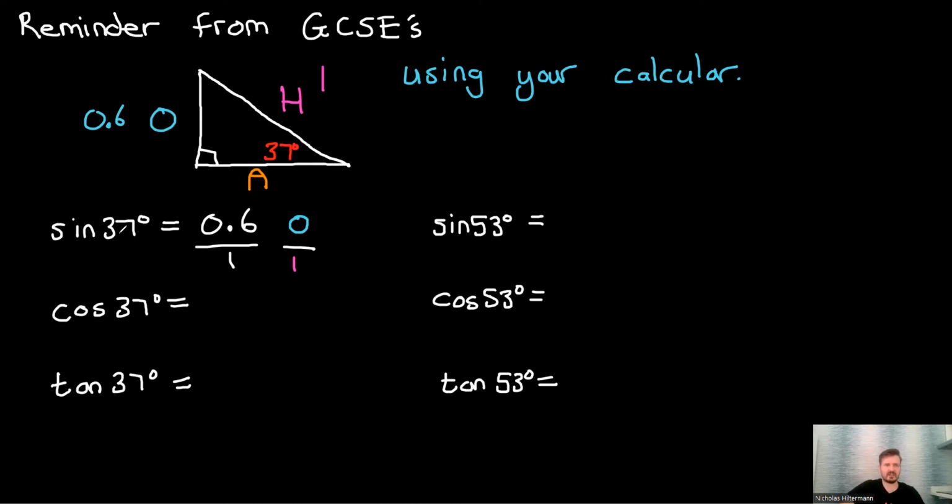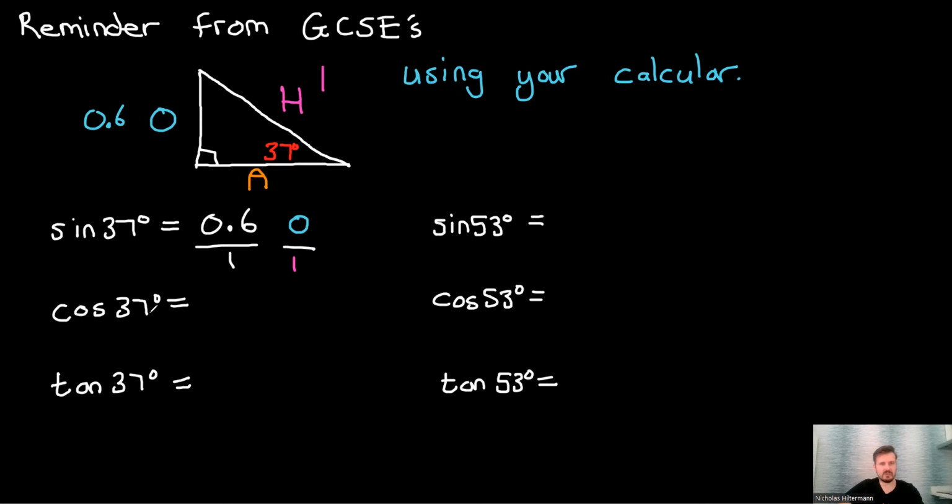If you didn't get 0.6 for sine 37, it means you don't have your calculator in degrees, in which case you need to probably press shift mode and put degrees on your calculator. If you're not sure, check your calculator manual to see how to get your calculator into degrees, or put a comment below, and I'm sure myself or someone else watching will help you.